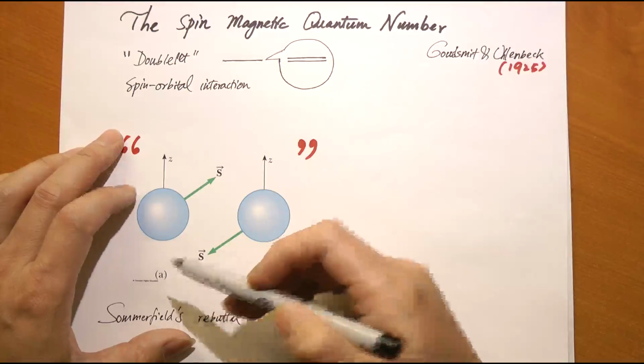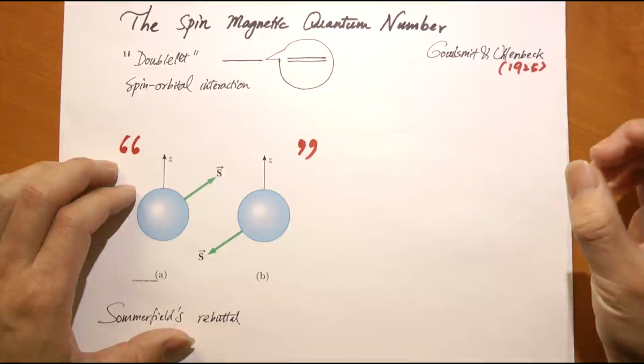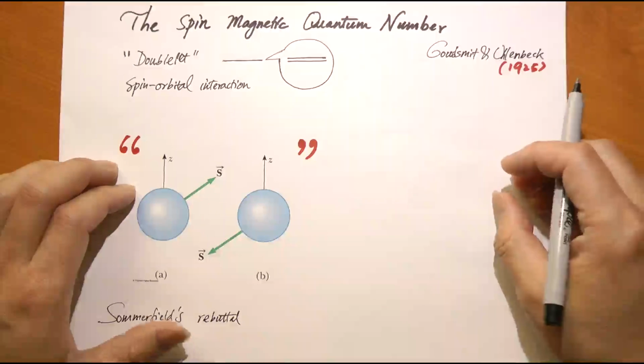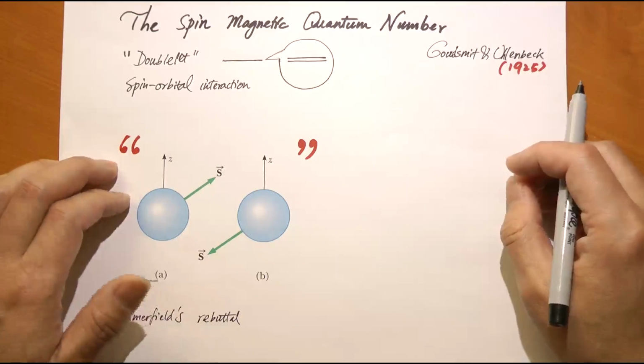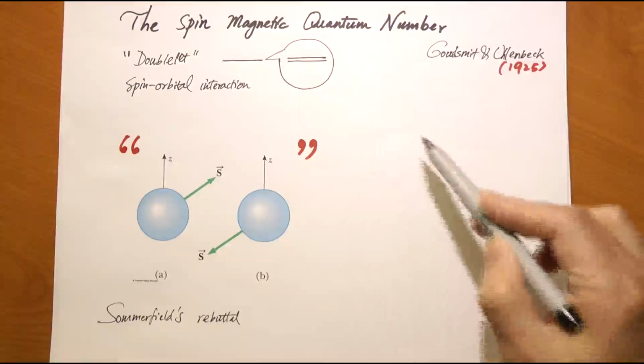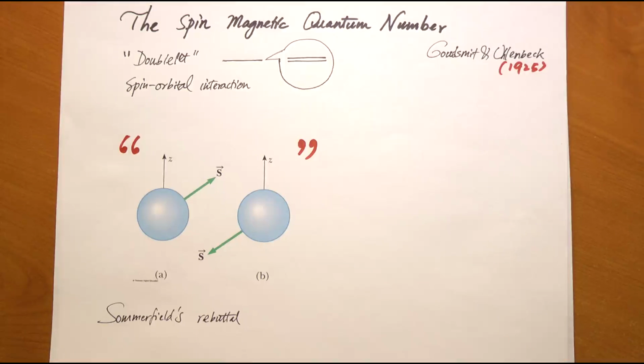They said, imagine the electron is actually a tiny sphere, and it rotates about its own axis, and that spin creates an angular momentum, right? Just like the Earth goes around the sun, it has orbital angular momentum, but also spins about its own axis. That's how we get 24 hours a day, and that has its own spin angular momentum.